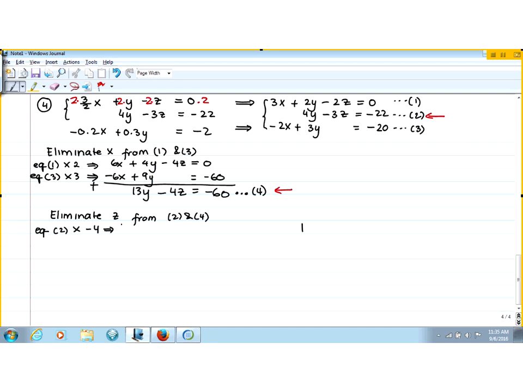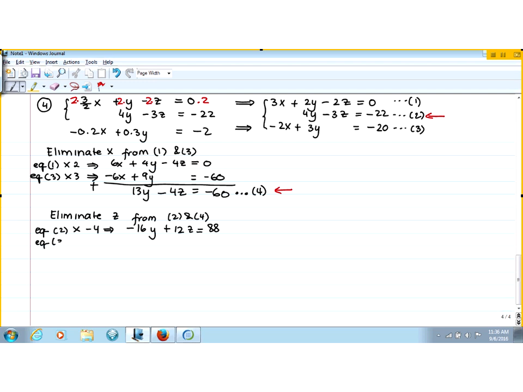So either 4 or -4. So you have -16y plus 12z is equal to 88. So we multiply each one of them by -4.